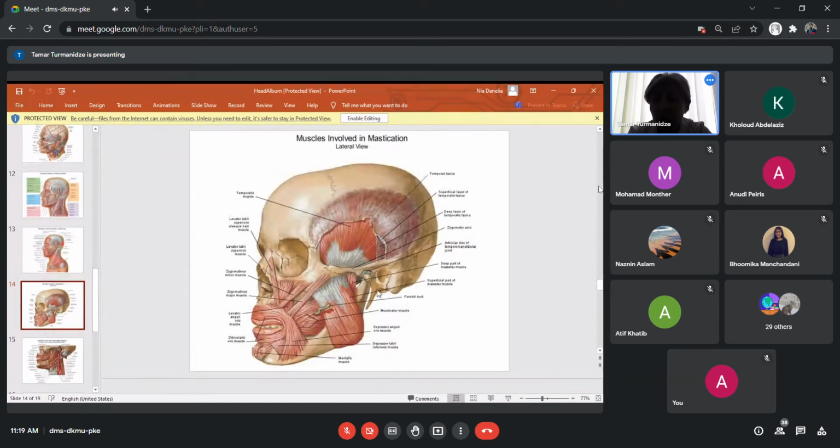The fornix, which we mentioned as one part of the cerebral part of the head, consists of three regions: the fronto-parieto-occipital region, the temporal region, and the mastoid process region.